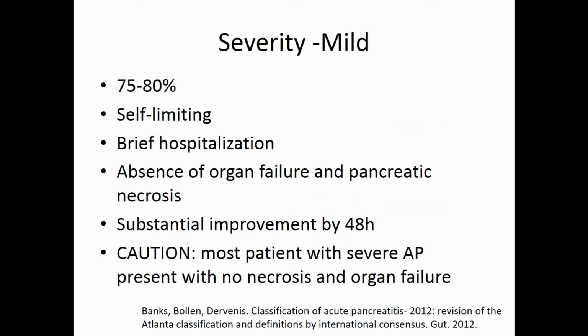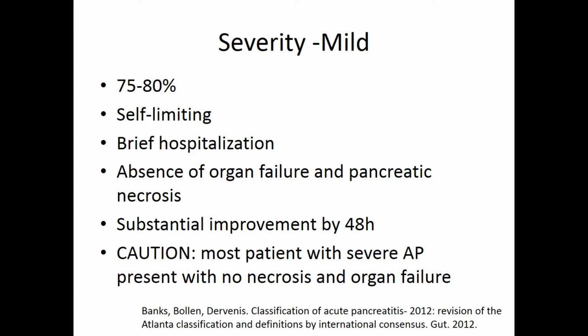Once you've assessed the etiology of your pancreatitis, the next step is to evaluate what is the severity of the presentation. And fortunately, the majority of patients with acute pancreatitis will have a mild course, and this is up to 75 to 80% of patients. When that's the case, they have a self-limiting course, they have a brief hospitalization, they do not have any organ failure, and they do not develop any pancreatic necrosis.